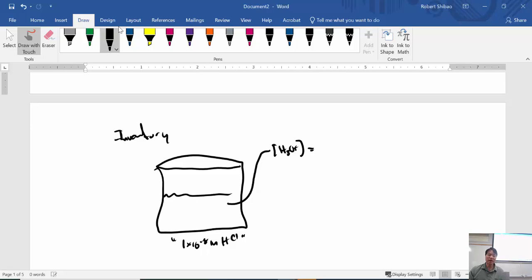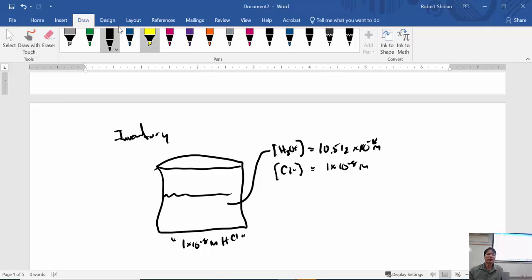How much hydronium do we have? 10.512 times 10 to the minus 8 molar. How much chloride do we have? 1 times 10 to the minus 8 molar.